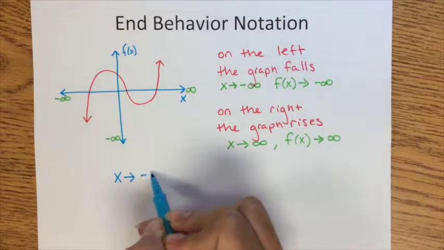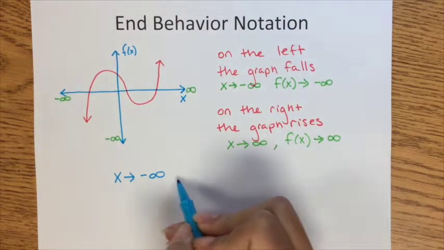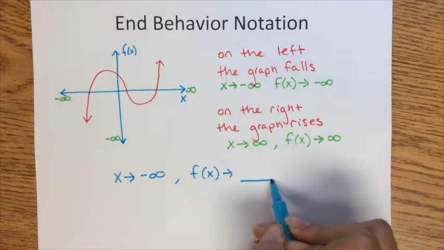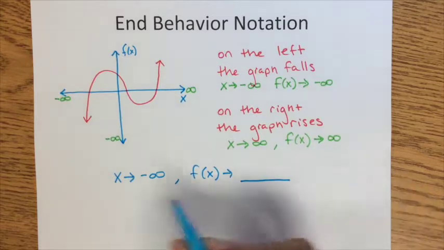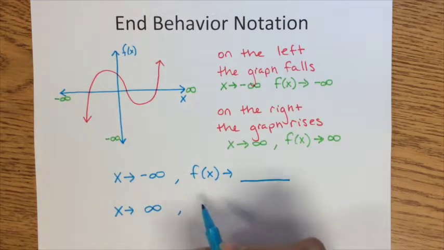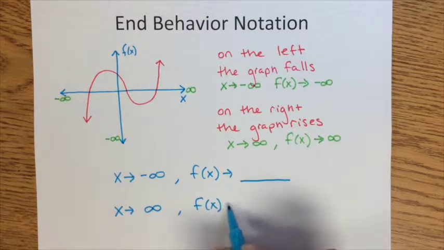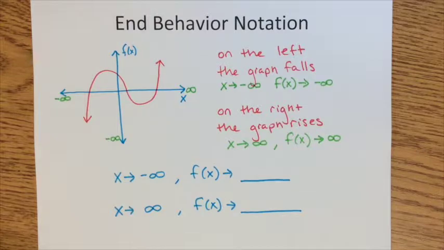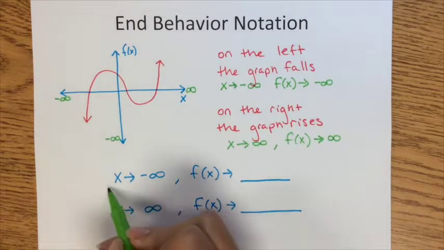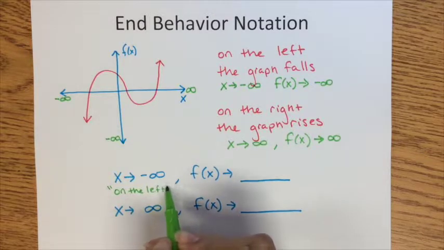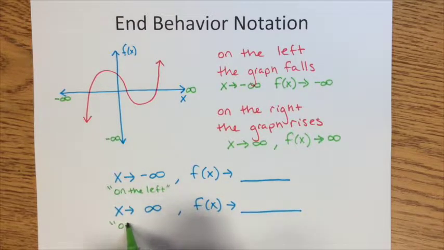x goes towards negative infinity, f of x goes towards, and this is where you're going to fill in the blank. And here, x goes towards positive infinity, f of x goes towards, and here you're going to fill in the blank. So remember what this means. This means on the left, and this means on the right.